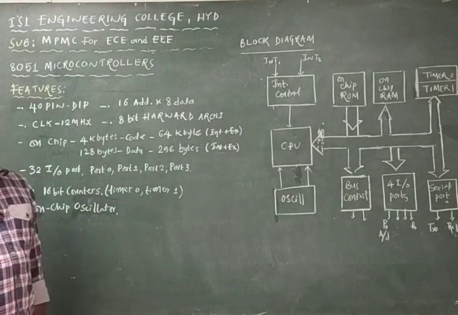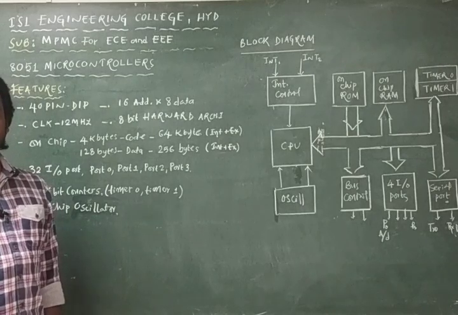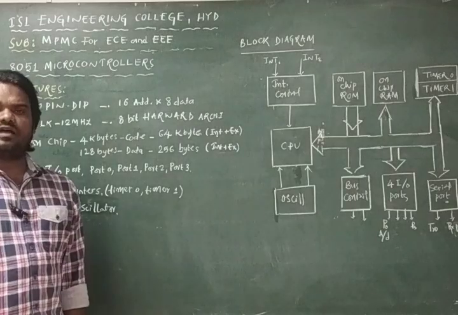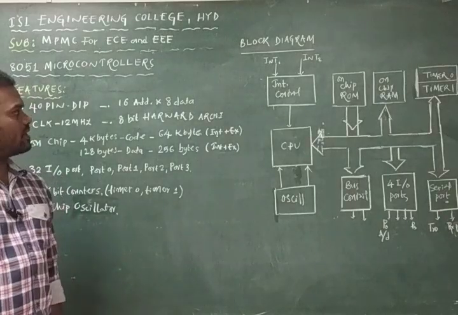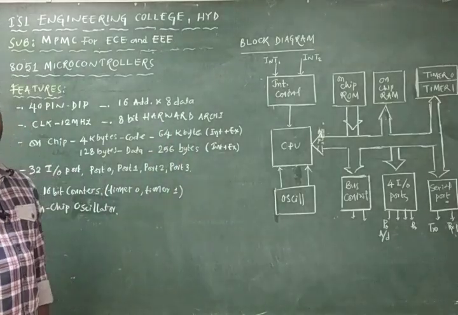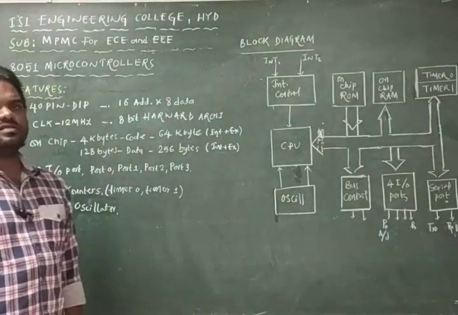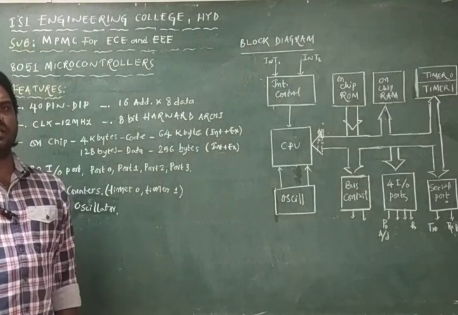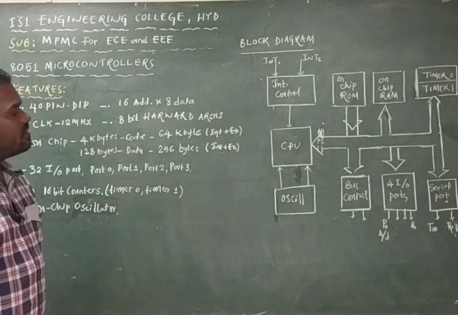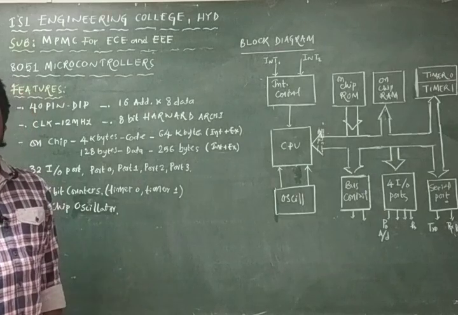That means it identifies memory locations with 16 bits of address, so that it can access the data, for read and write operations, with 8 bits. So the data bus is 8 bits and the address bus is 16 bits. In the case of the 8086 microprocessor, the address bus is 20 bits, whereas the data bus is 16 bits. So the 8051 handles 8 bits of data every time.